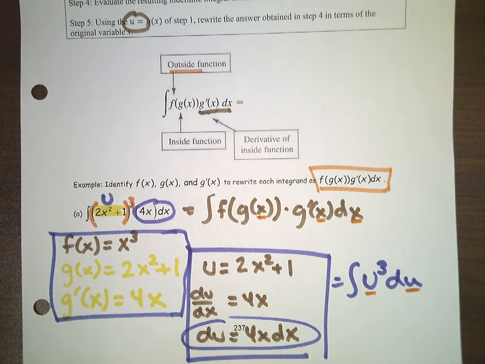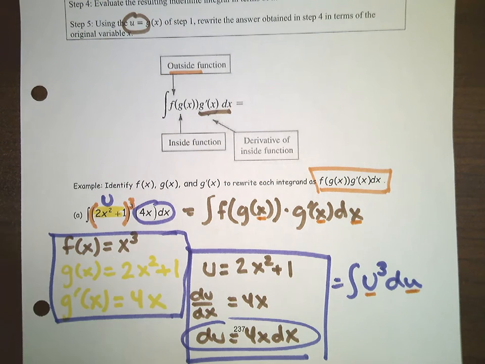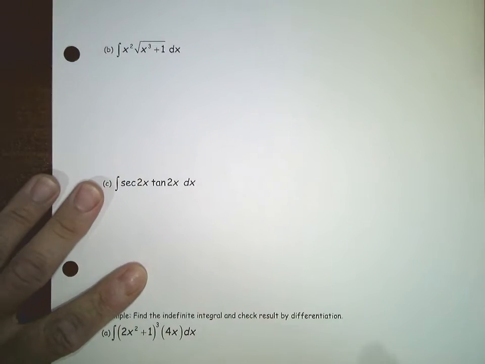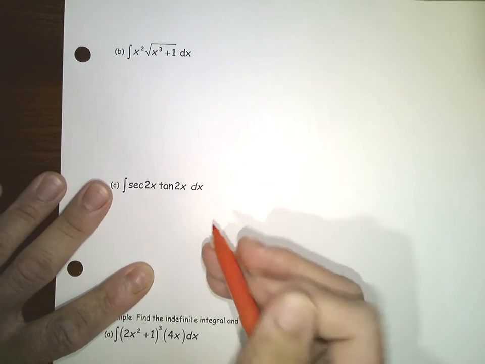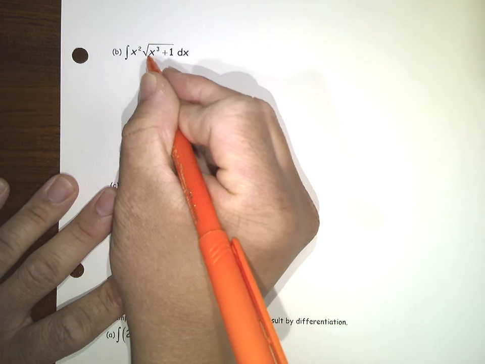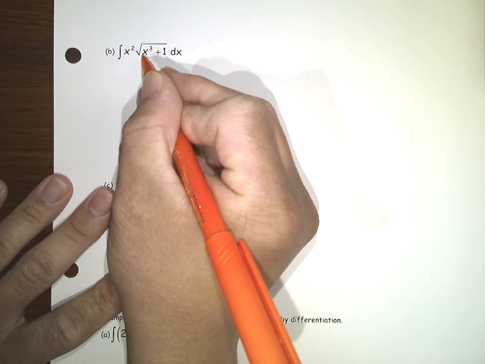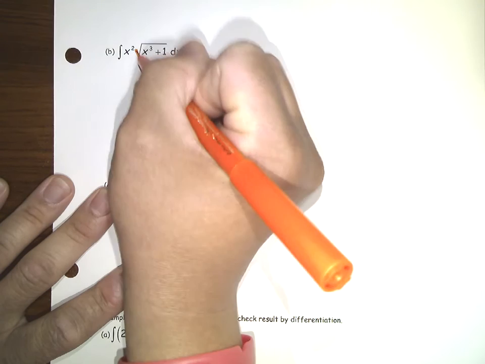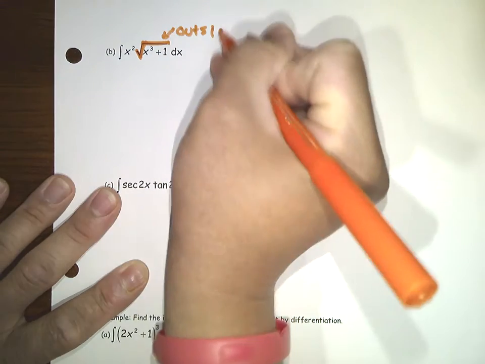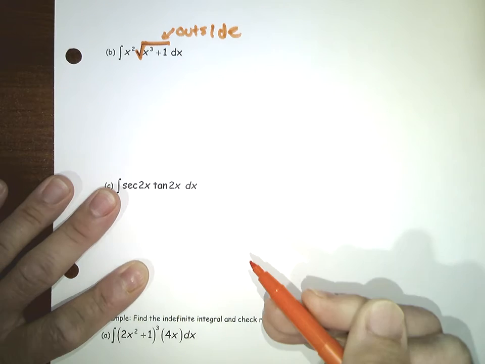All right, so now let's go ahead and try another one. This is again just identifying the u here. What I have here is the integral of x squared times the square root of x to the third plus 1 dx. I see an outside function here that is something being square rooted.